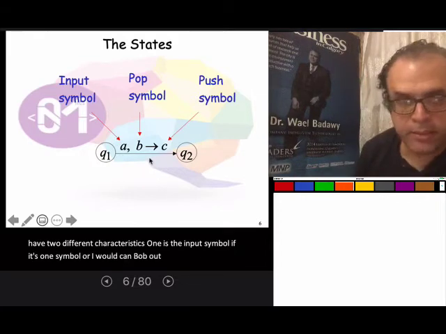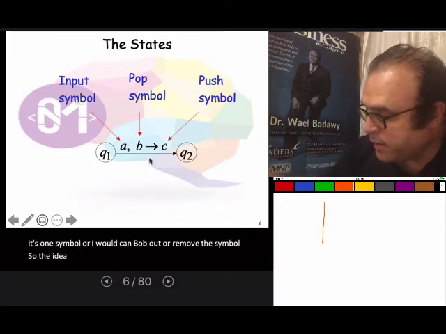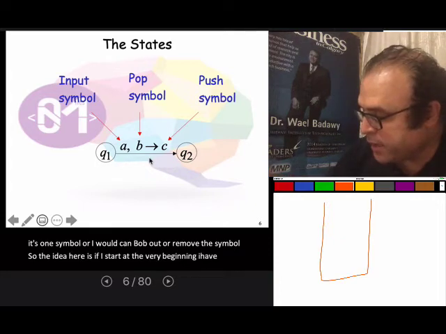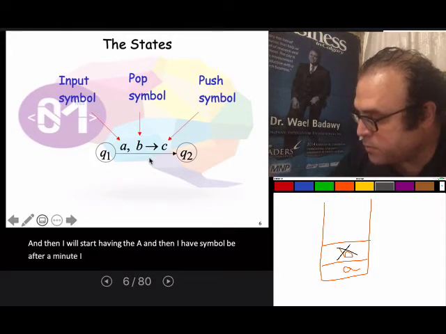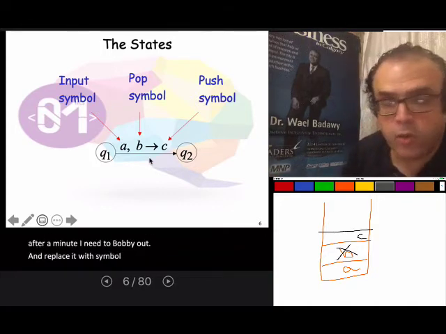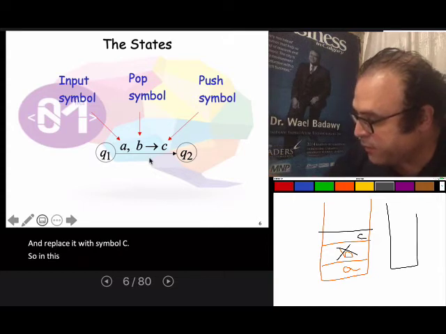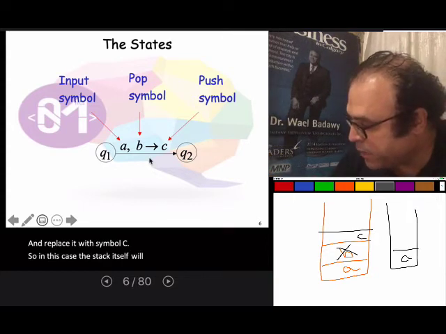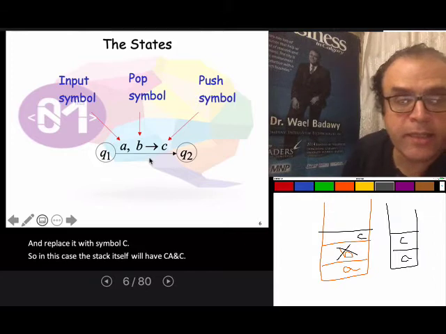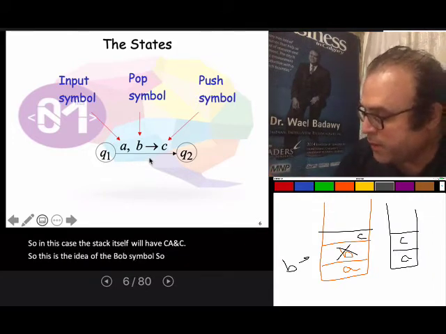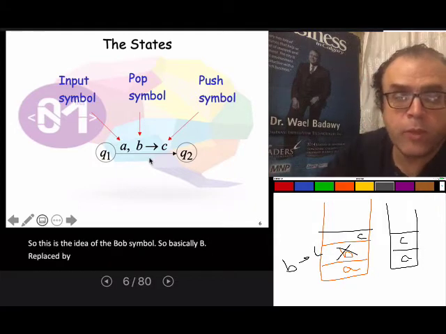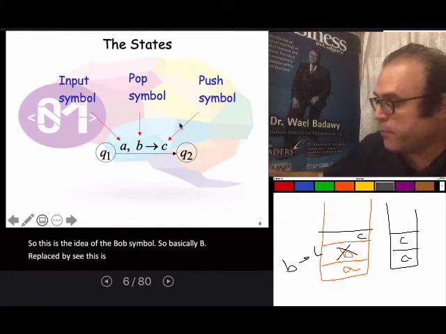So if I start at the very beginning, I have my stack here, and then I will start having the A, and then I have symbol B. After a moment, I need to pop B out and replace it with symbol C. So in this case, the stack itself will have C, A, and C. This is the idea of the pop symbol, so basically B replaced by C. This is what we mean here.